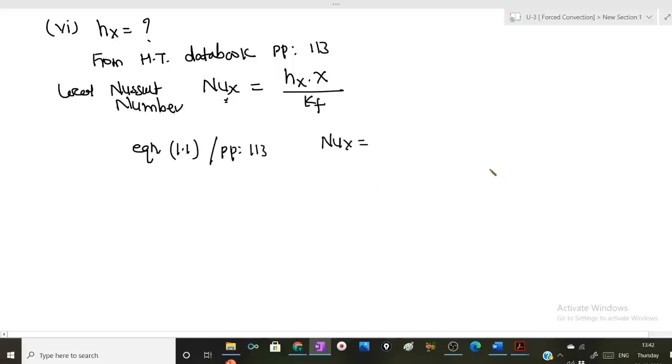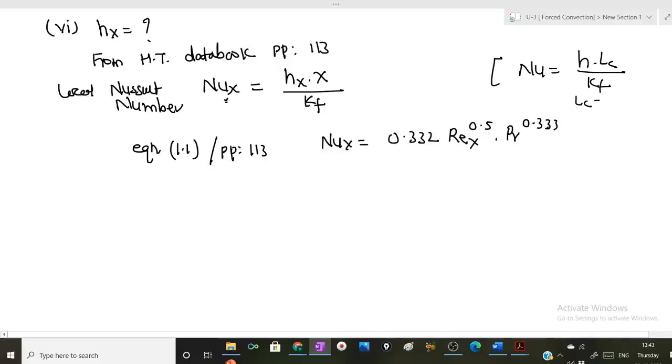NUX will be 0.332 REX to the power 0.5 into Prandtl number to the power 0.333. Once again, the Nusselt number can be given as HLC over KF, and here LC will be X in our case.